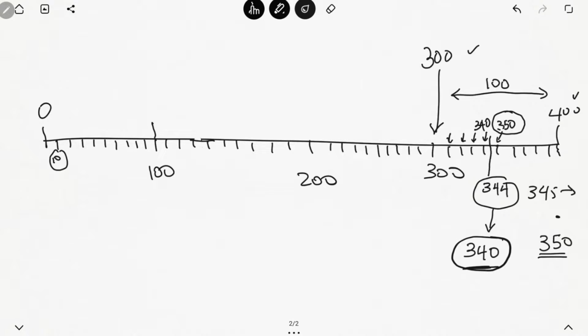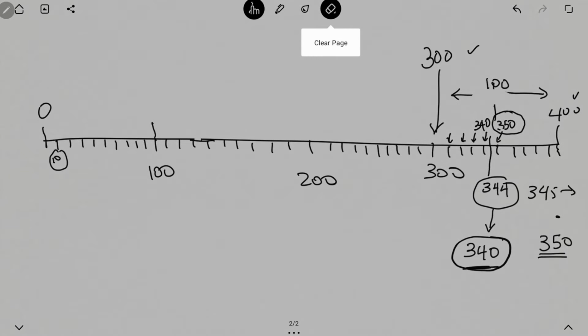Now, does 344 come before 350 or after 350? You tell me. Does 344 come before 350, closer to 300, or does it come after 350, closer to 400? You should see that 344 obviously comes closer to 300, because it's before 350. Let me erase something here so that this doesn't look as confusing.